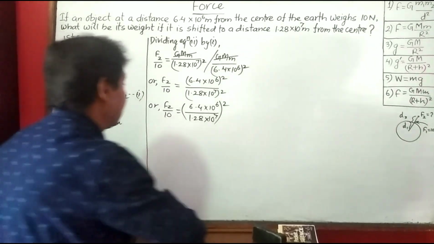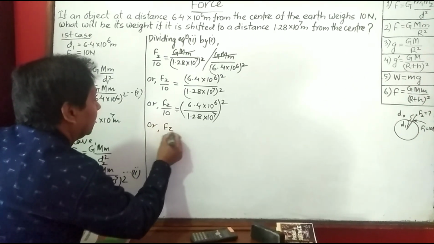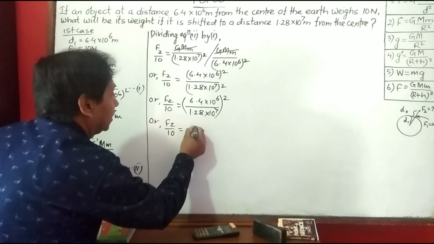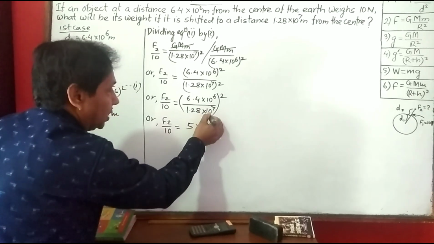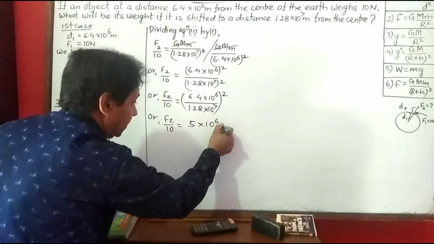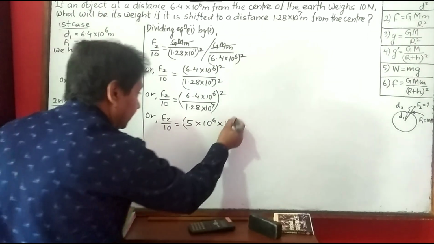This is exactly 5. Now F2 by 10 is equal to (5 × 10^6 × 10^-7) whole square, since when 10^7 goes up, the power becomes negative.